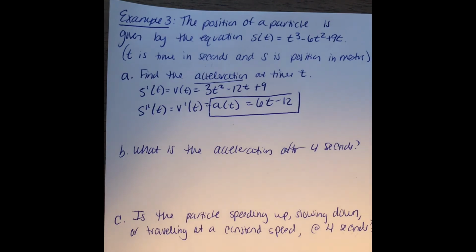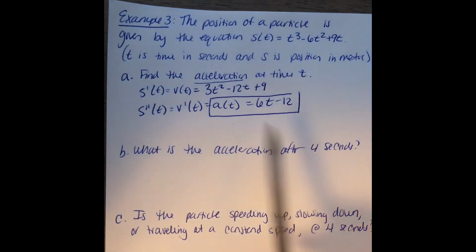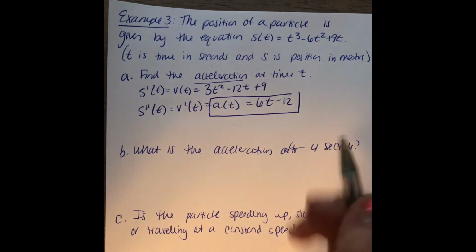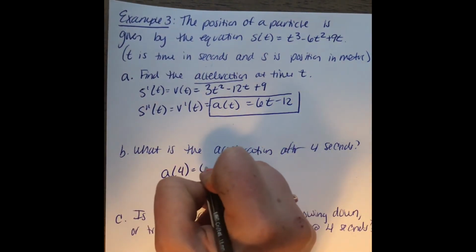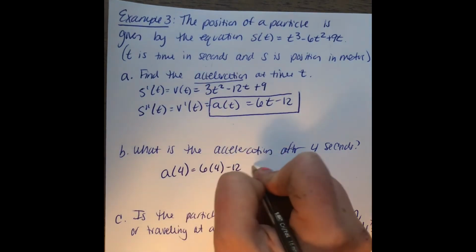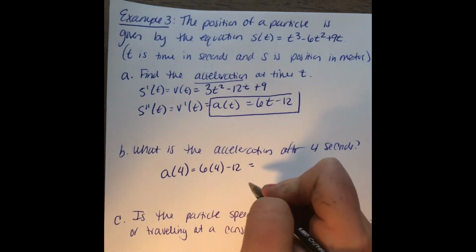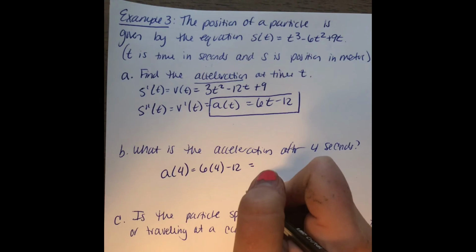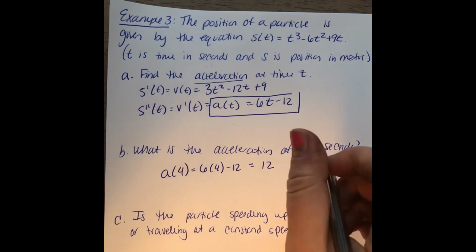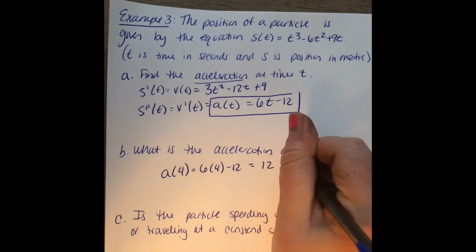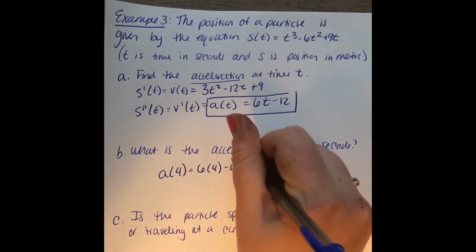Now, part B is what is the acceleration after 4 seconds? Since we now have an equation for acceleration, we can plug 4 in for t. So a of 4 is equal to 6 times 4 minus 12, which is equal to 12 meters per second squared.